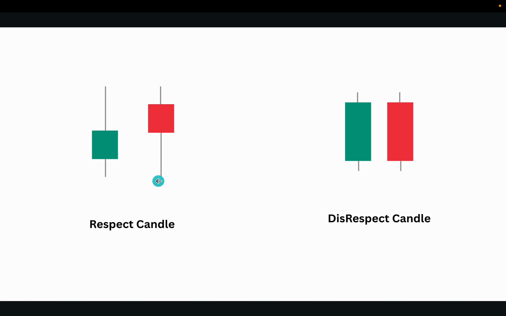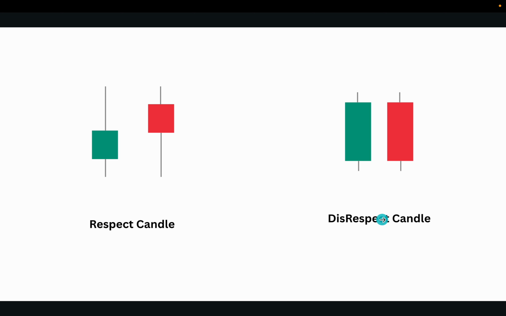Similarly, for the bearish respect candle, price opens at some level, then goes down and ultimately comes back near to the open price but below it. So we have a bearish red candle with a long wick at the bottom. See this long wick at the bottom, or for a bullish candle, the top wick, which causes it to be a respect candle.